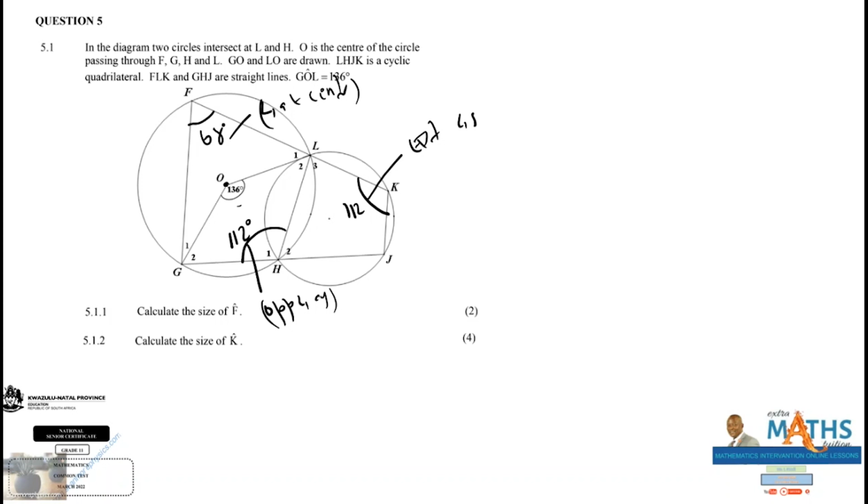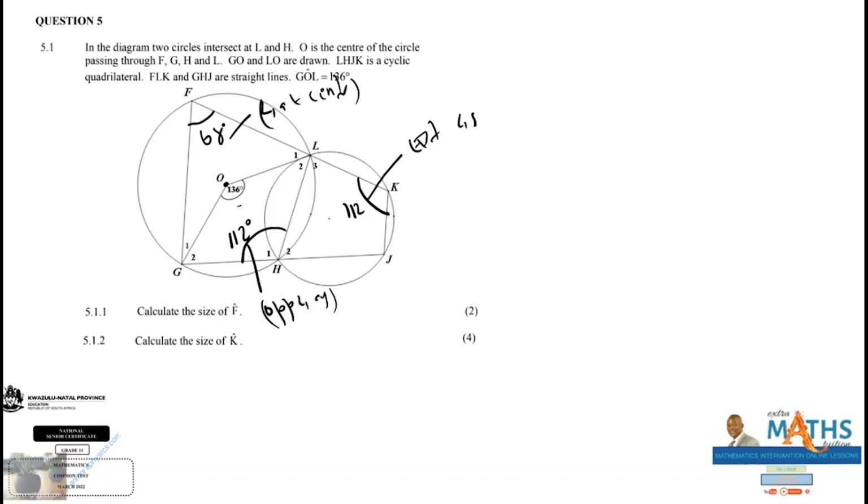Now, let us go back and check how long it will take us to solve these problems after I've analyzed our diagram. Problem number 1 says, calculate the size of F. Where can I find F? Wow. F is 68 degrees and we've already calculated that.